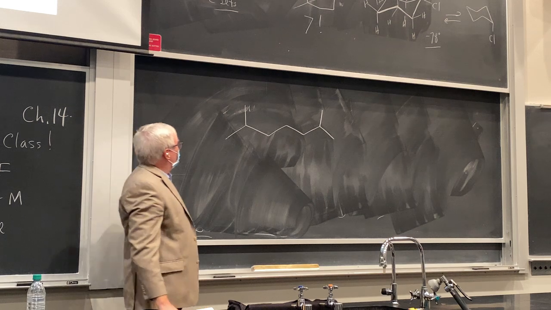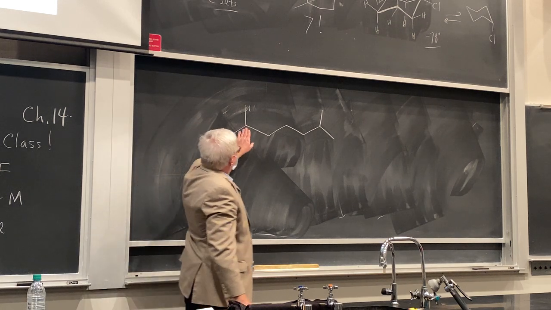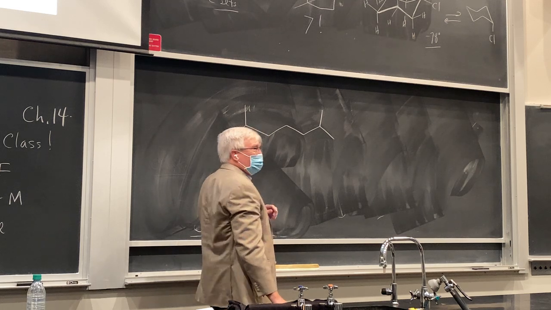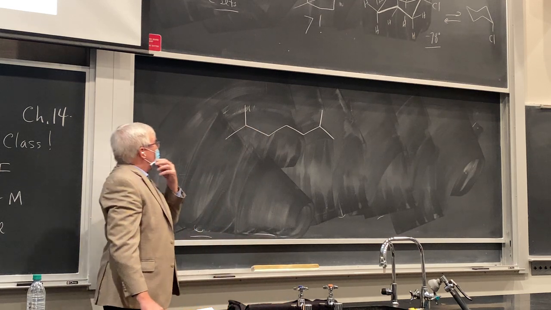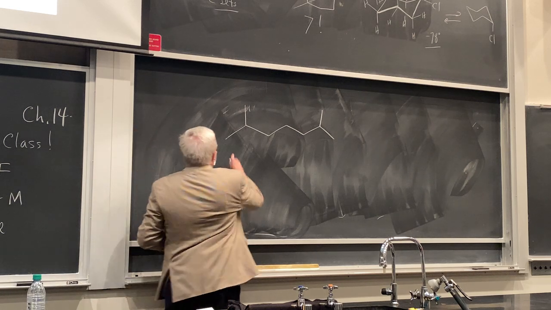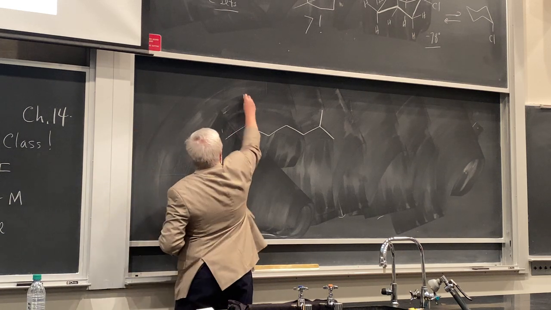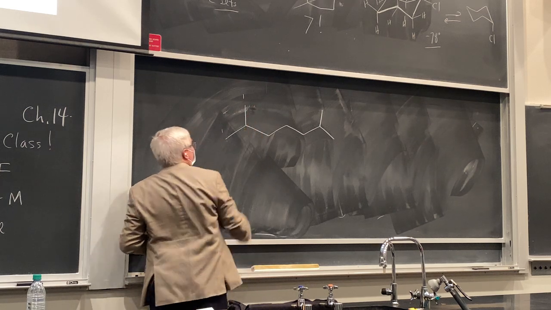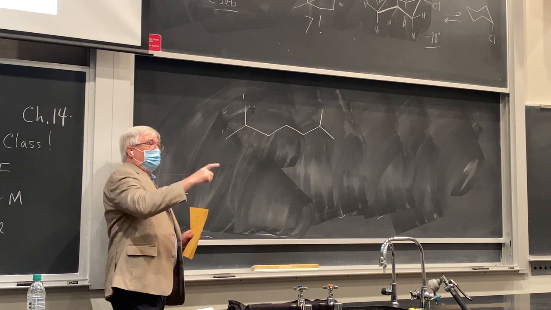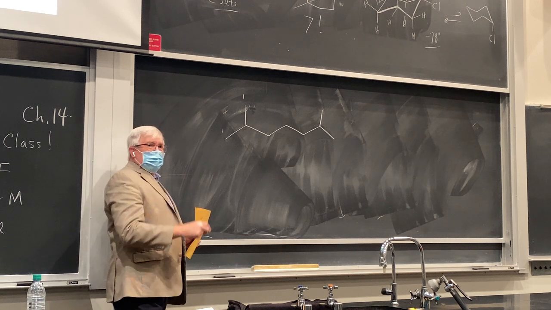So how about this molecule? What is this? 2,6-dimethyl heptane? Heptane, yeah. How many sets? This one's the same as this one, right? That's not a stereocenter. That's an isopropyl. And that's typical. The two methyls on an isopropyl fragment will be the same.